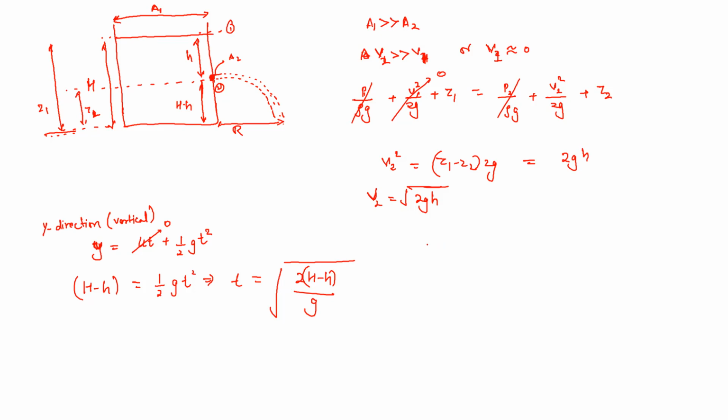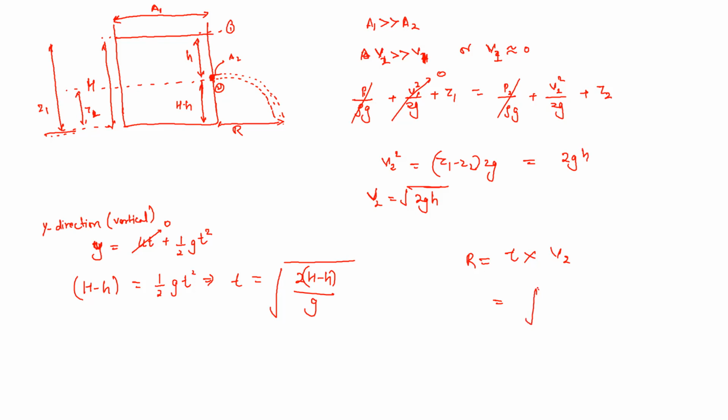Now once you know the time period, it's pretty straightforward to calculate the distance in the x direction. This r will be equal to the time times the velocity, which we had calculated here.